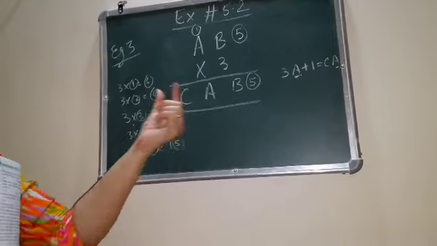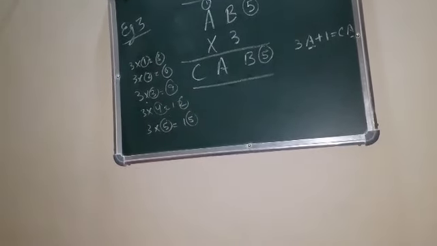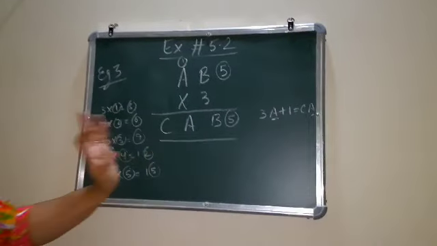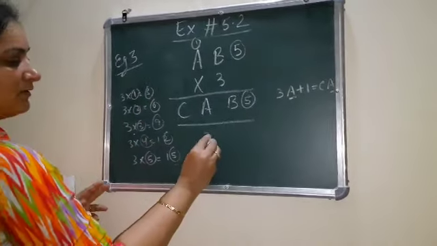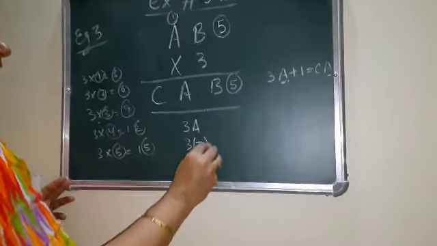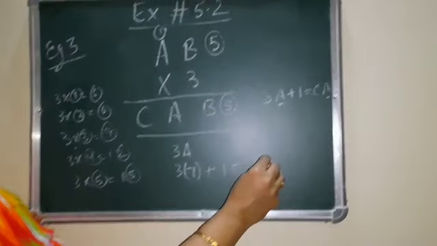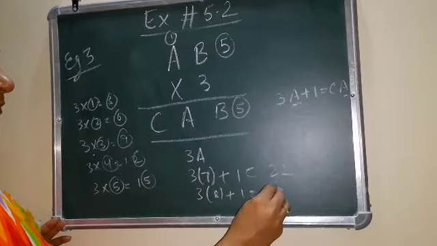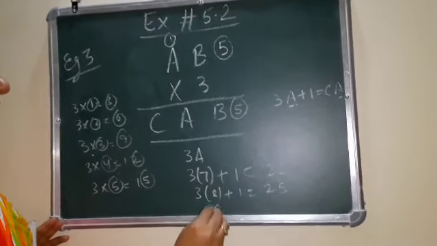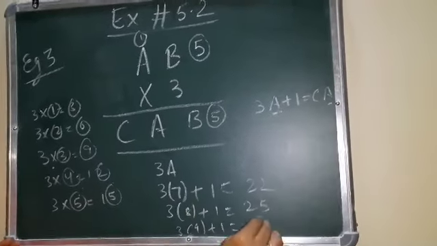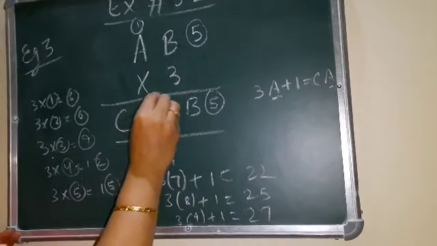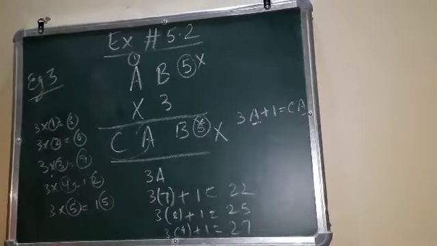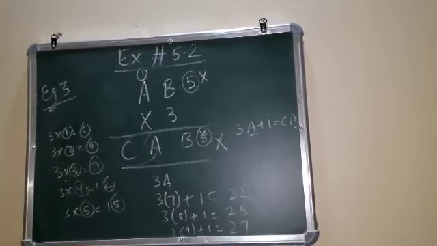I want a 2-digit number here. So some bigger number I should take. 3 fives are 15 plus 1, 16, not possible. 3 sevens are 21 plus 1, 22, again it is not there. 3 eights are 24 plus 1, 25, again not possible. 3 nines, again not possible. That means this is incorrect. We have put this value wrong because we are checking it. So that is not at all possible.